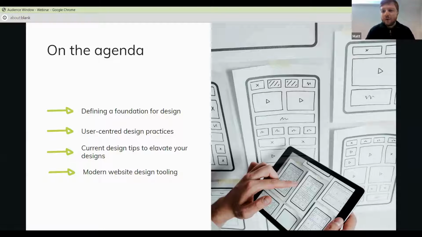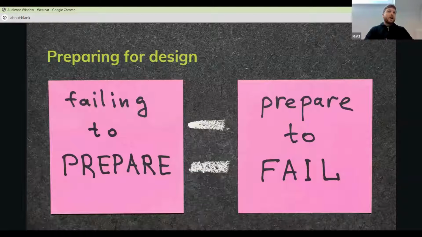I use pen and paper metaphorically, but often I do start with a notepad when I'm beginning a new design. We'll cover a few different tips as well that can help elevate those designs. And then towards the end, we'll look at some useful tools that we find really helpful when designing. Hopefully this all sounds good to you guys, and we'll crack on into the first section.